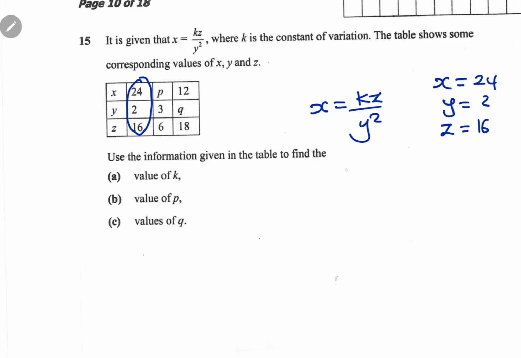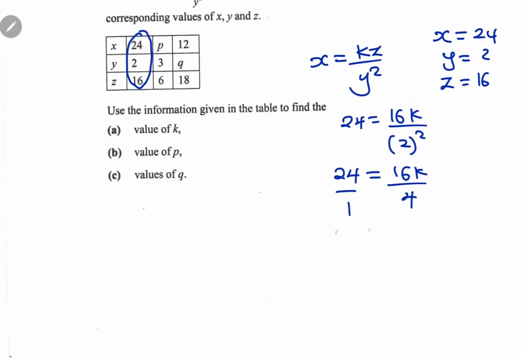So let us replace. 24 is equals to, what is our z? 16 k over y is 2, but remember square. So 24 is equals to 16 k over 4. Cross multiply, we are going to have 16k is equals to 24 multiply 4.